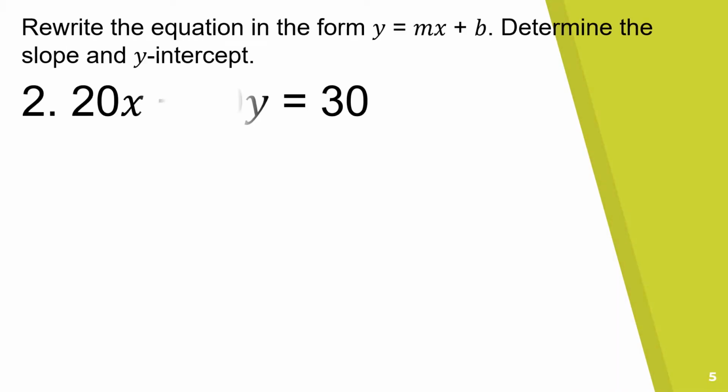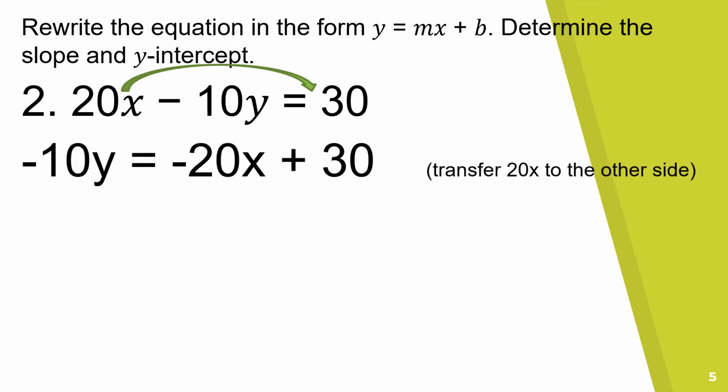Another example, 20x minus 10y equals 30. Transfer 20x to the right side, so it becomes negative 10y equals negative 20x, kasi pag matransfer siya, naging negative na siya, plus 30. Your goal is dapat y na lang maiwan on the left side.